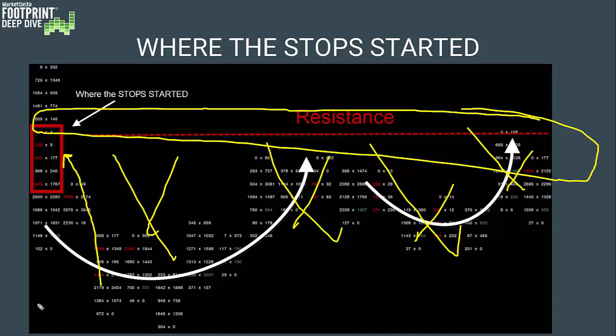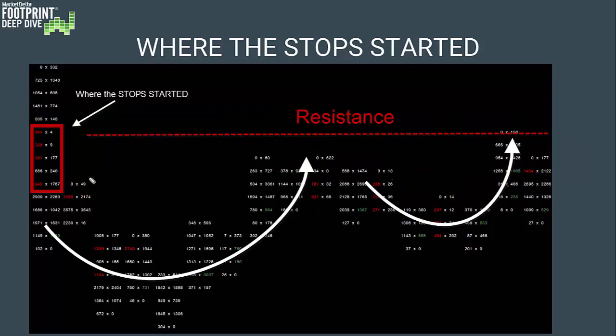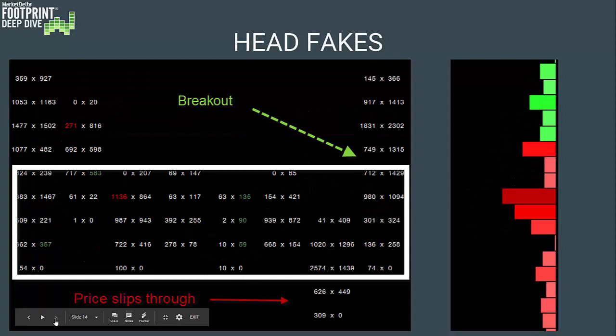Thin spots in the footprint. The name of this pattern is where the stops started, where the breakout broke out. Head fakes. This is a really, I won't say common pattern, but it exists in all markets.